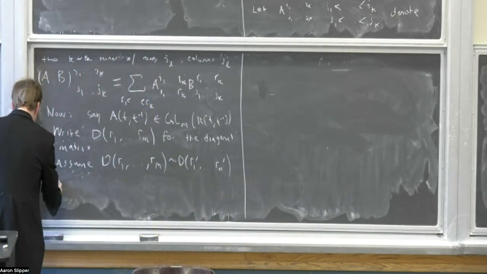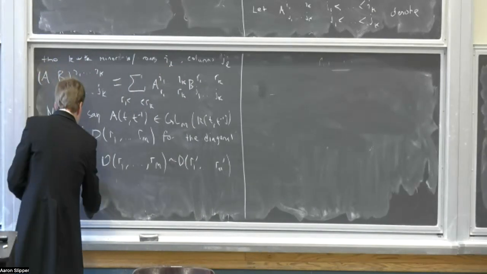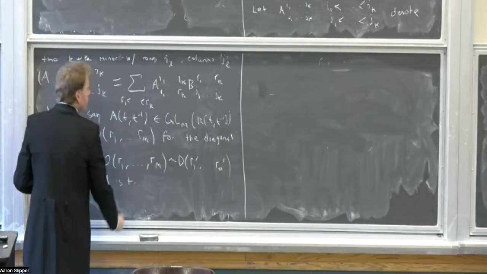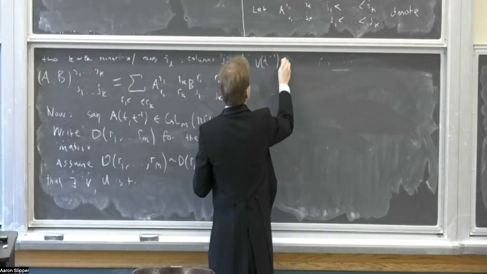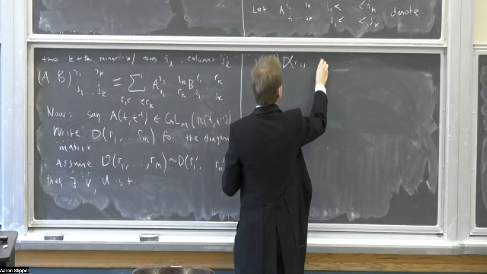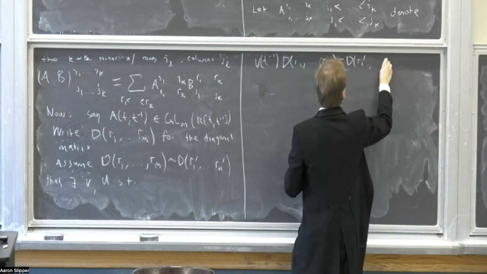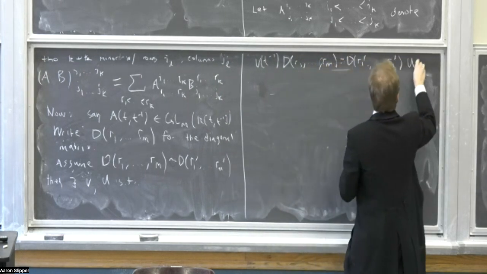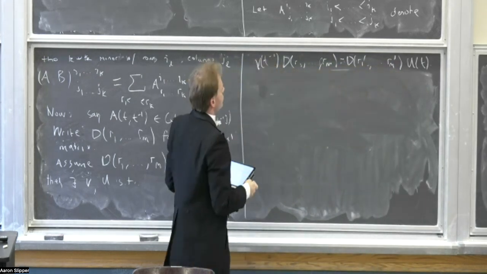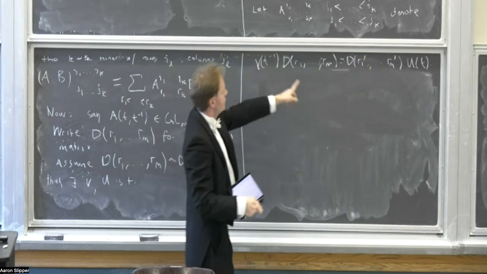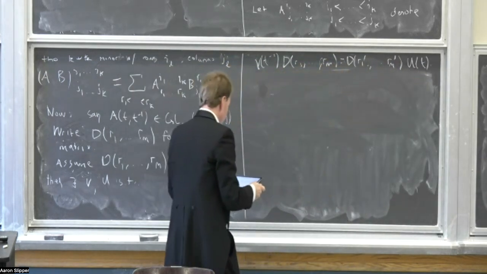Then obviously there exist V and U such that B inverse D(R1 to Rm) equals D(R1' to Rm') UT. So V is a matrix whose entries purely have T inverses, and U is a matrix whose entries purely have positive values of T.